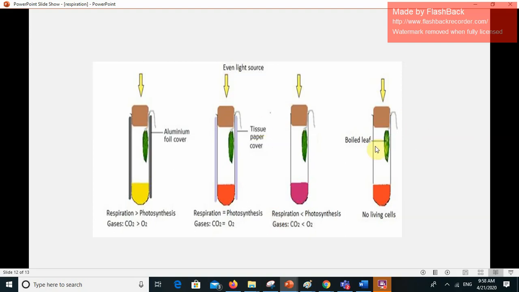So when we don't have gases that overcome other gases, when there is balance in gases or there is no production of any gas, the indicator stays red. But when the rate of respiration is greater, it's going to turn yellow, because this makes it acidic because of the production of carbon dioxide. While in photosynthesis oxygen is the mainly abundant gas, so it turns the environment alkaline, that turns the hydrogen carbonate indicator purple.